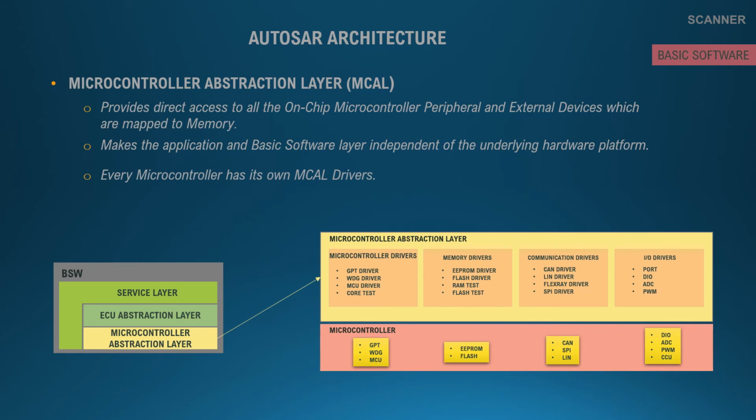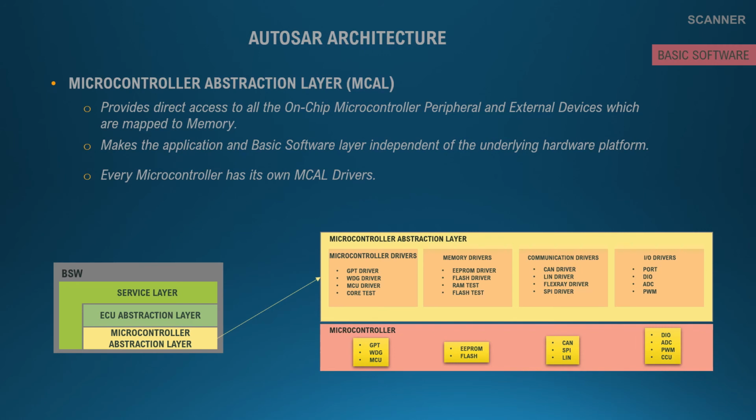We can again classify the Microcontroller Abstraction Layer into different sets of drivers based on the functionality. These drivers provide a software interface to hardware devices. A few of them are microcontroller drivers, memory drivers, communication drivers and input-output drivers. As the memory layout and the architectures are different for every microcontroller, each microcontroller has its own MCAL drivers.